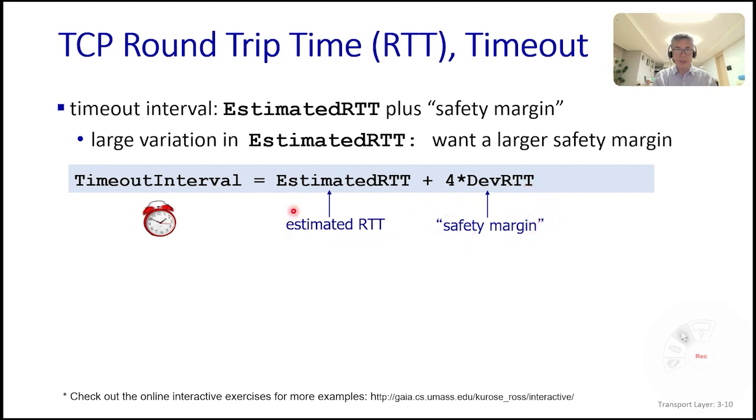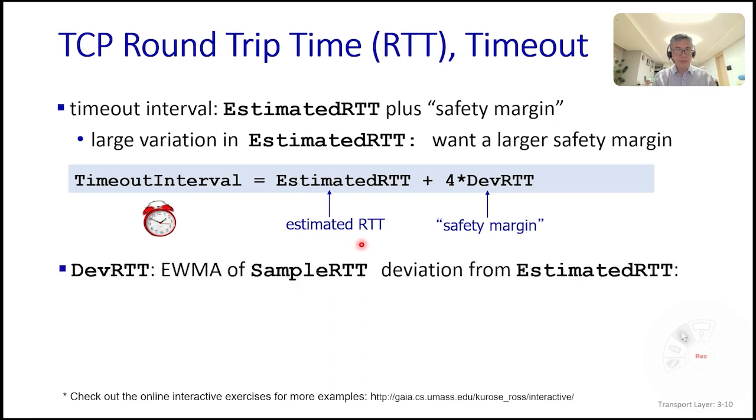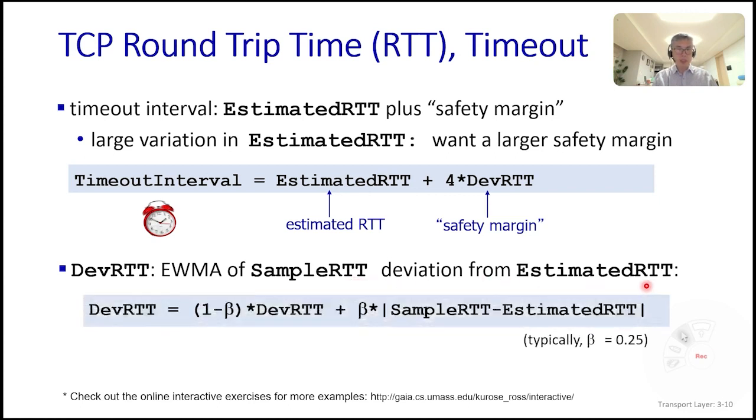This is the estimated RTT. And then the deviation of RTT, DevRTT, is an exponential weighted moving average of the deviation of sample RTT from estimated RTT. So DevRTT also uses the past deviation of RTT times 1 minus beta.